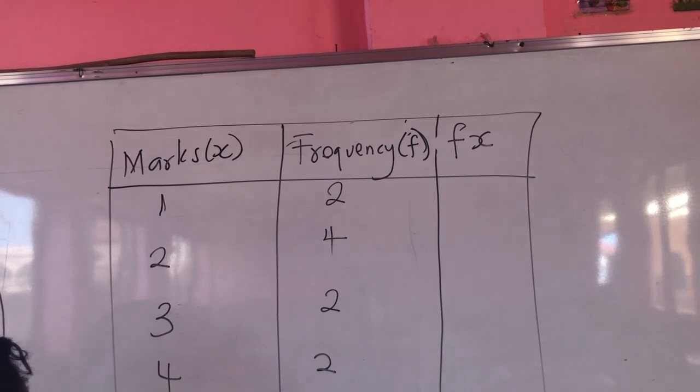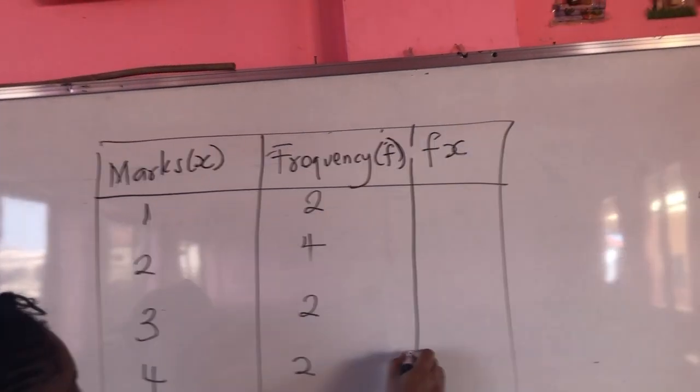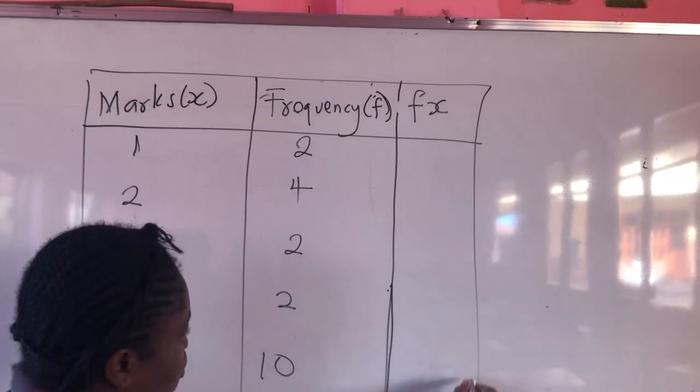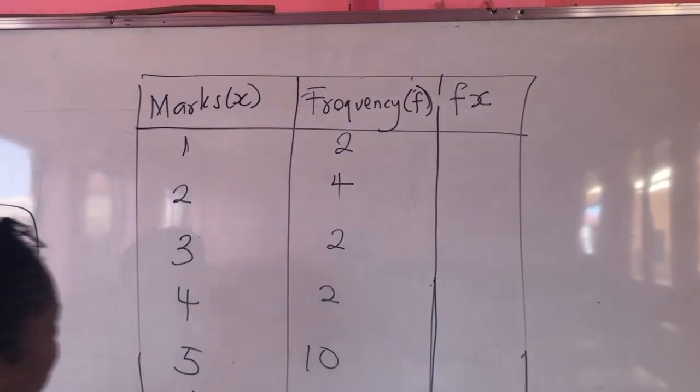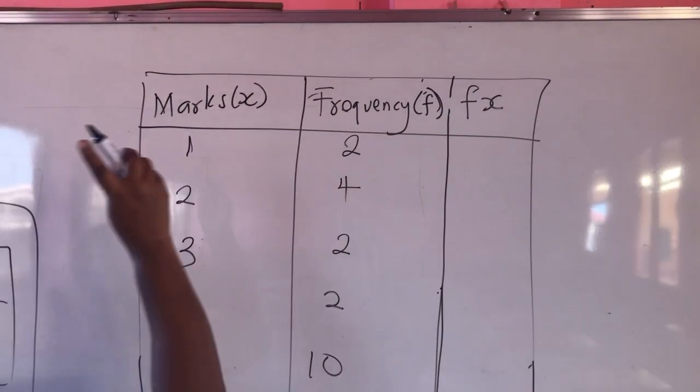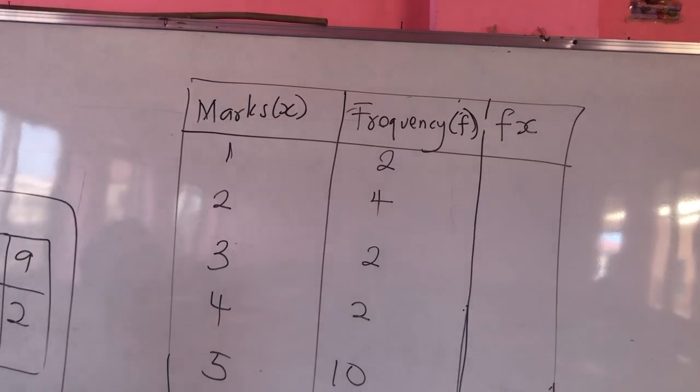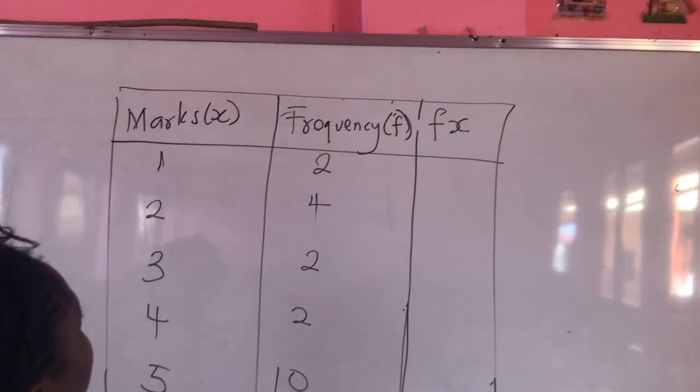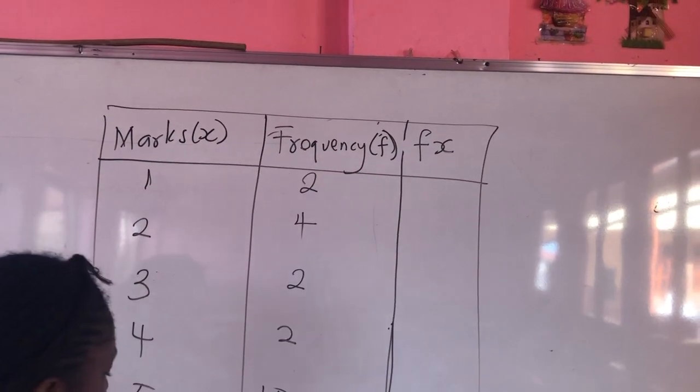And 2 people scored 9. So these frequencies are the number of students who scored those marks. So 2 people, Kofi and Amma, they both got 1 in the test. Okay, so now we've understood to this level.